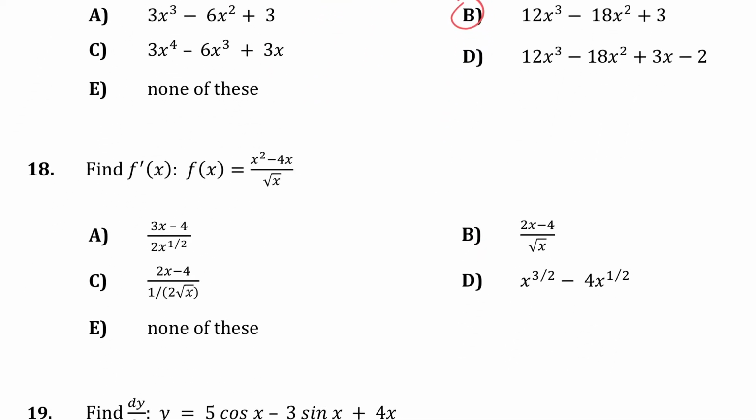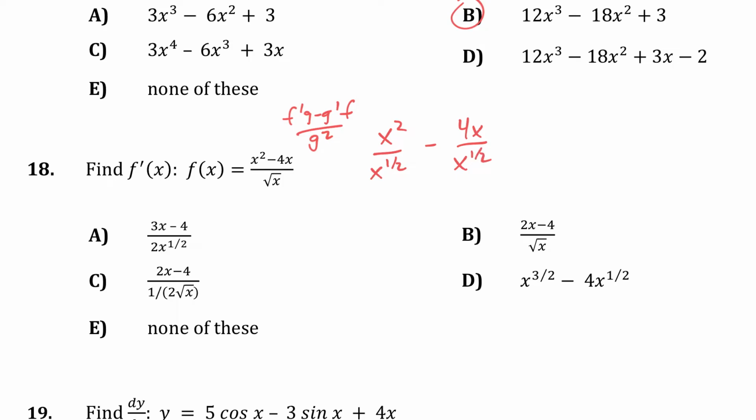Find f prime of this. Okay, so it looks like a quotient rule that we're going to have to apply to this. All right, so f prime. This would be f prime g minus g prime f all over g squared. That was certainly my initial thinking, but we could split this up to where this is x squared over the square root of x, which is x to the 1/2, minus 4x over that same x to the 1/2.